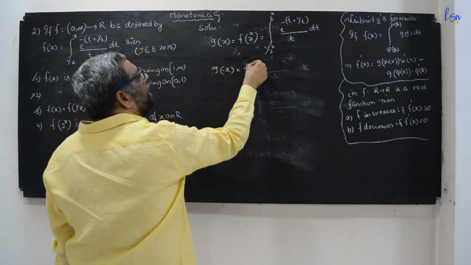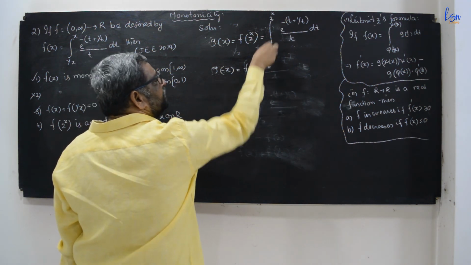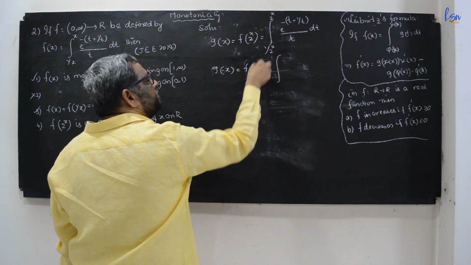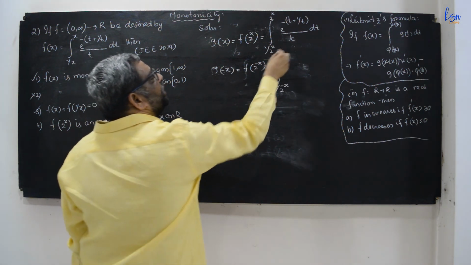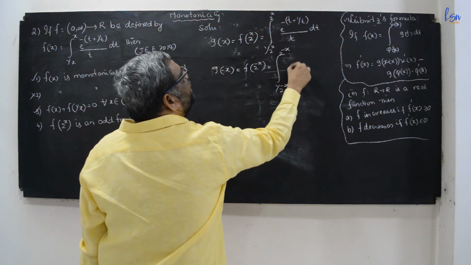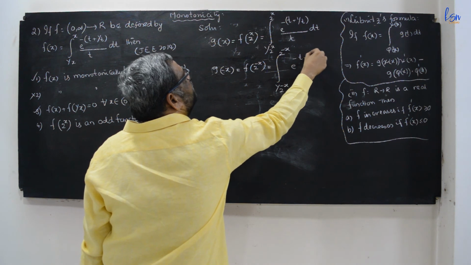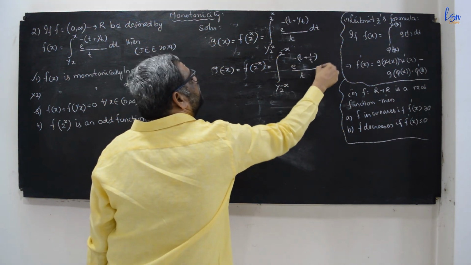So this is f of 2 power minus x. So in this function, you replace x with minus x. Integral 1 by 2 to the power of minus x to 2 to the power of minus x of e to the power of minus t plus 1 by t, by t dt.